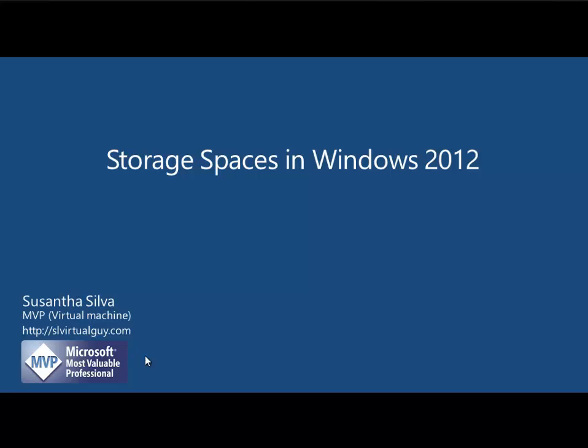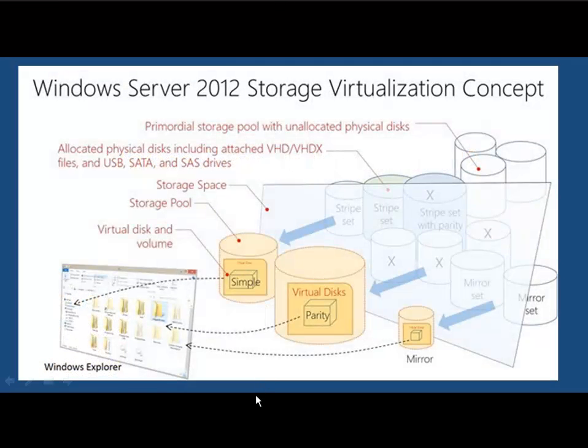If we look at the virtualization conceptual layer, think of a bunch of disks in the background, which can be SAS, SATA, SSD, USB connected, or even VHD. You aggregate all of these disks and pool them to create a logical layer which we call the storage pool.